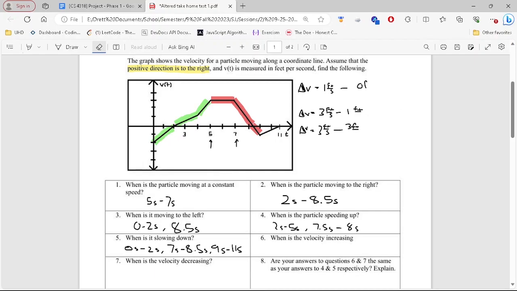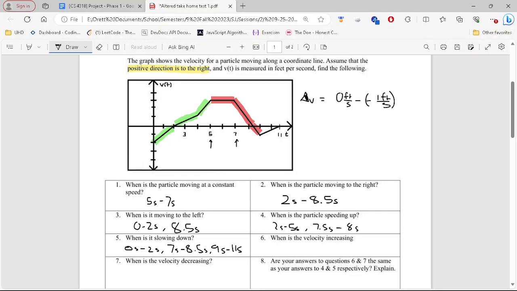Okay, so let's look at that next point. From t equals 9 seconds to t equals 11 seconds. The change in velocity from 9 to 11 is going to be the velocity at 11 seconds, so 0 feet per second, minus the velocity at 9 seconds, which is negative 1 feet per second.